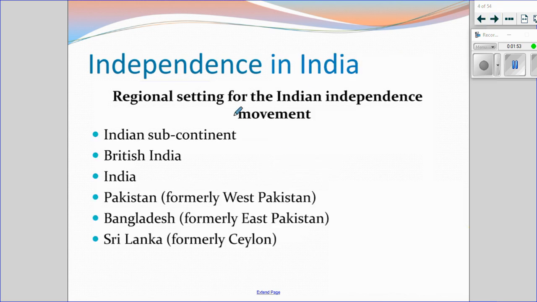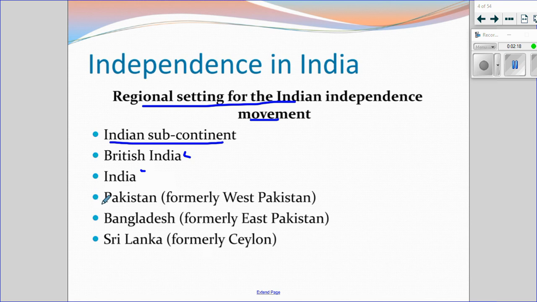So let's look at the regional setting for the independence movement. We are talking about the Indian subcontinent, that's British India, and has been a colony, the jewel in the crown of the British Empire, since they basically won complete control of it from the French after the Seven Years' War. And so you have India.